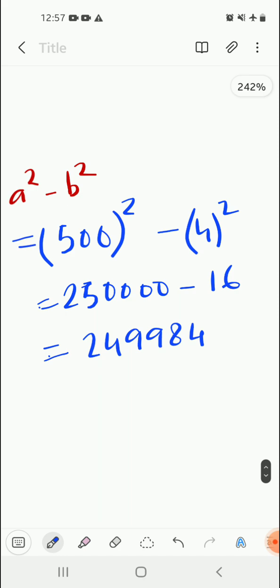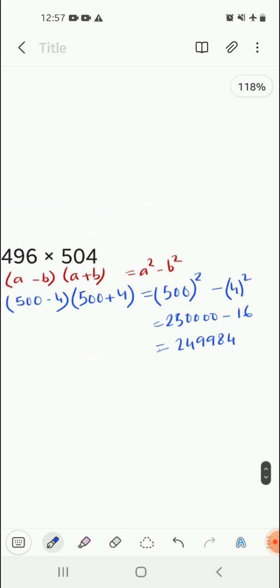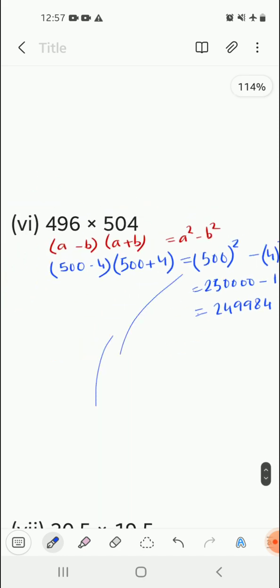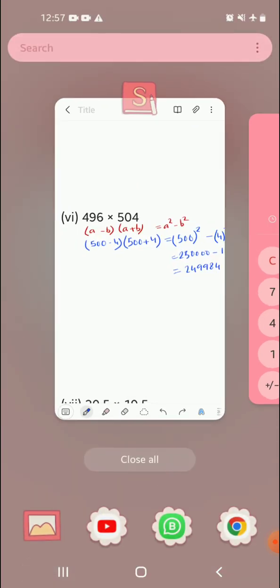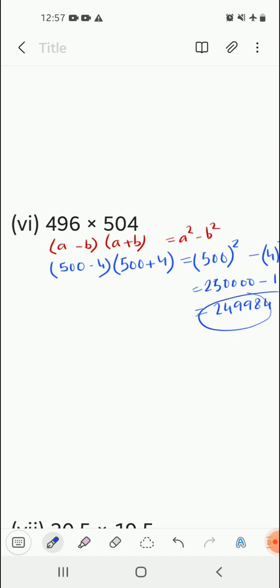Moving on, we can also check the answer, whether it is correct. If we multiply 496 into 504, we also get the same 249984.